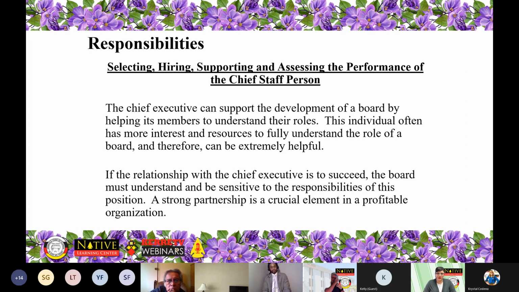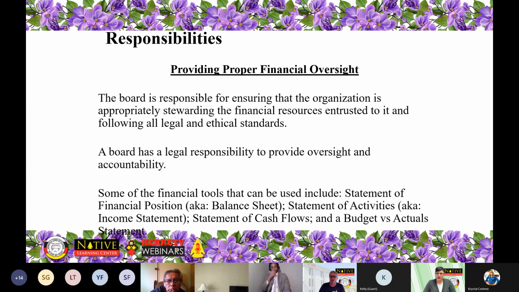I also talked about providing proper financial oversight, another major responsibility of a board of directors, especially of a matured and seasoned board of directors. One of their main responsibilities is being able to identify, secure, and bring in financial opportunities, and also human resource opportunities, any kind of opportunity for the betterment of the program.